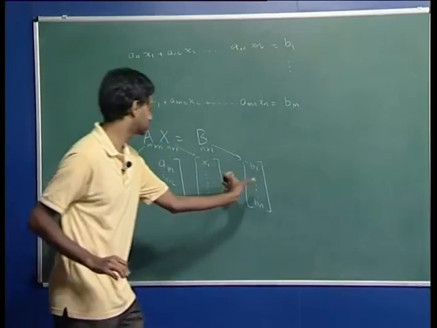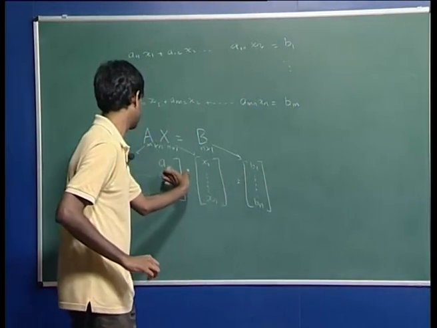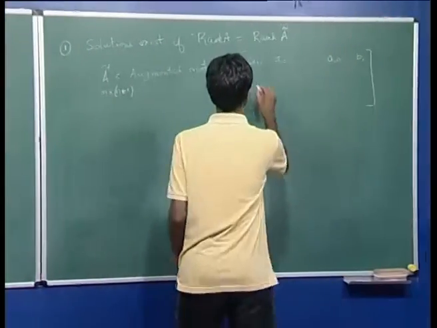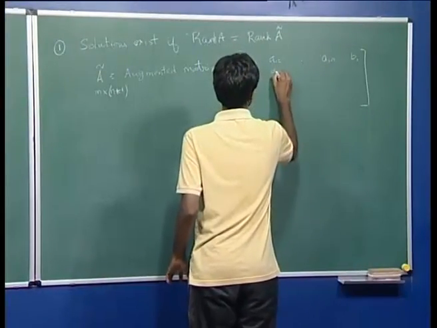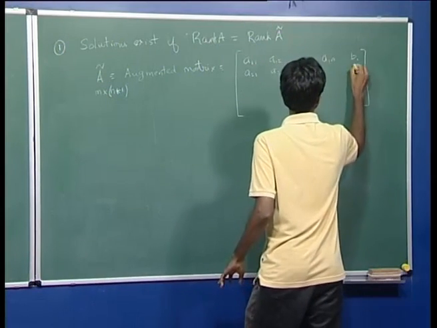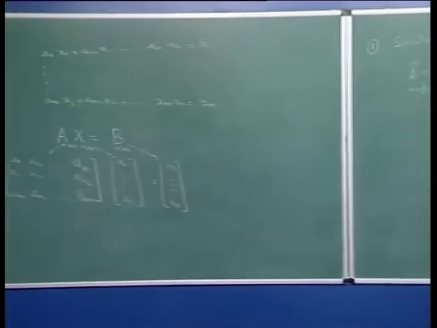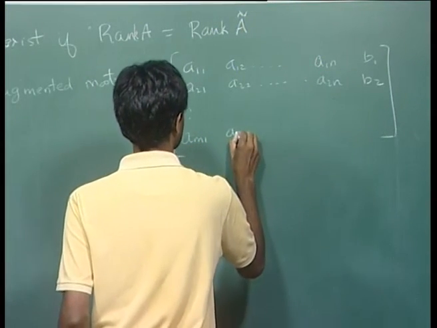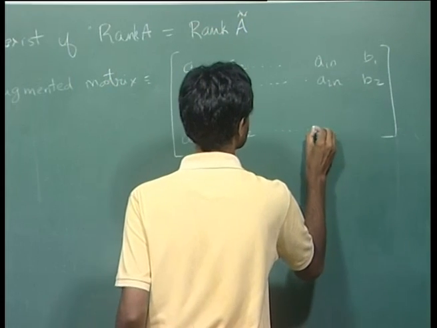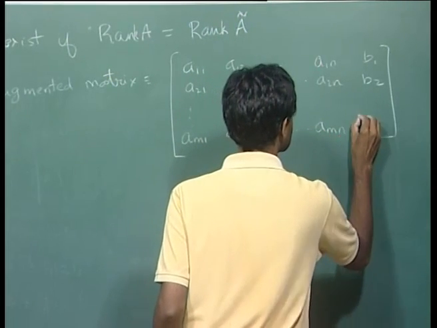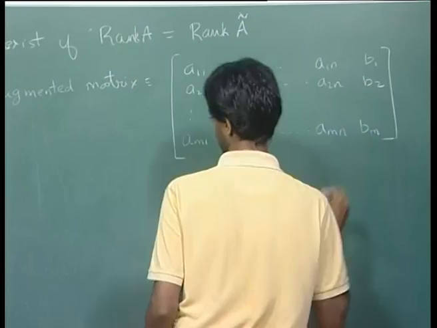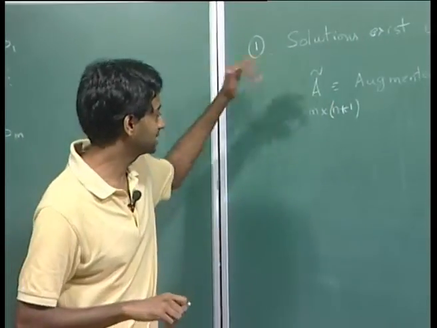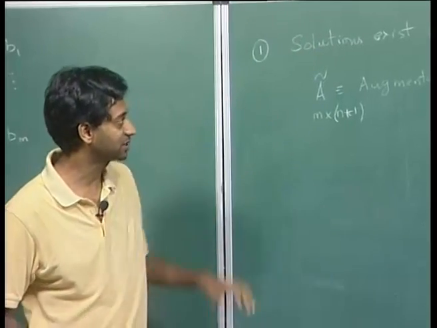So, what you did is you took this whole b vector and you attached it to the side of A, and you created this larger matrix, with a2n, b2, all the way up to bm.